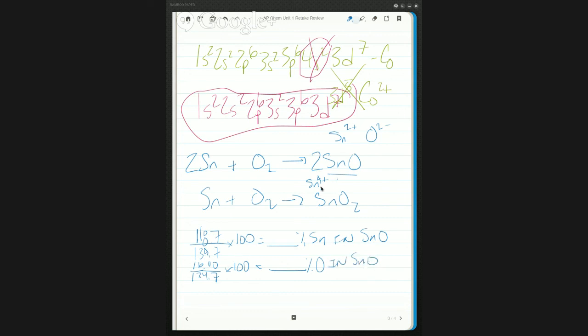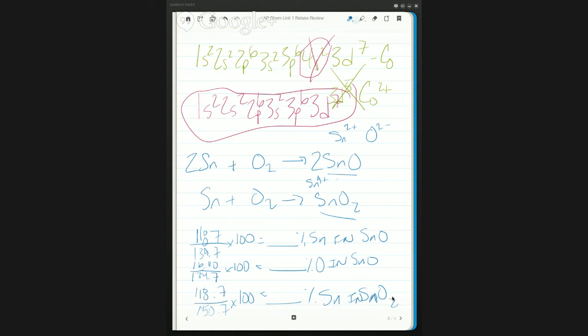And then if you're doing the SnO2, it is 118.7 divided by 150.7, times 100, which gives you the percent tin in SnO2 more specifically. And then you do the same thing: 16 divided by 150.7 times 100 gives you the amount of oxygen in SnO2.